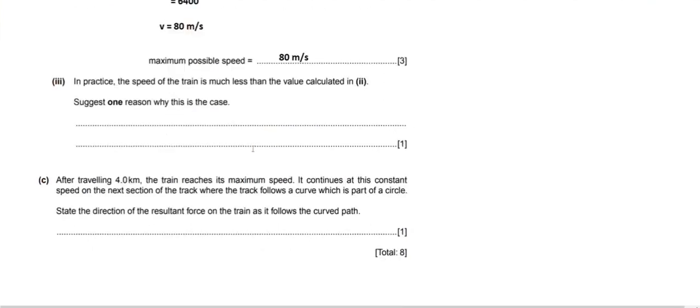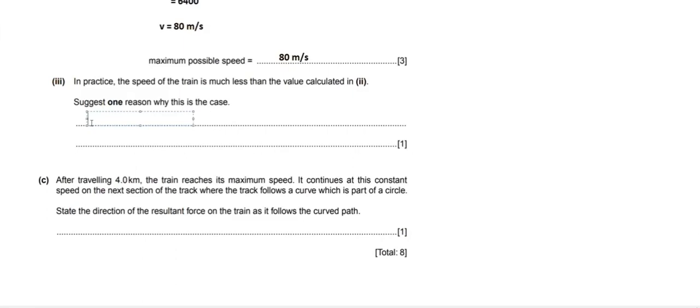Now in practice, the third sub-question: the speed of the train is much less than the value calculated in this. So here, 80 meter per second is not exactly the actual speed, and there is a reason why this is the case. As I already told you, some energy is always dissipated as heat energy or other energy, and work is always done by friction as well.